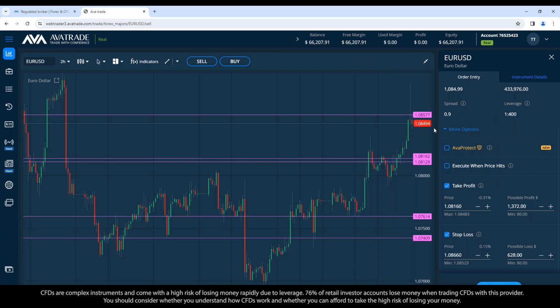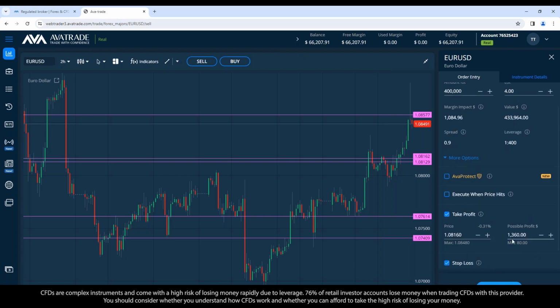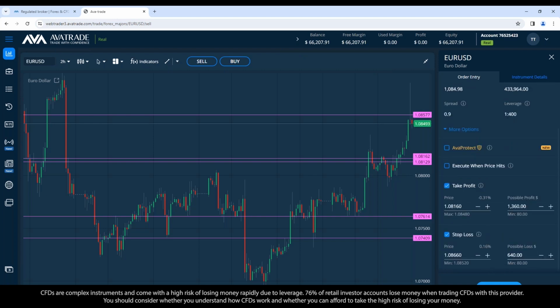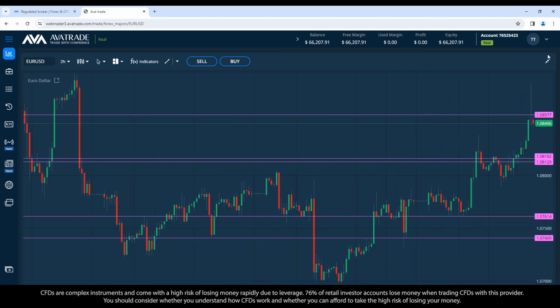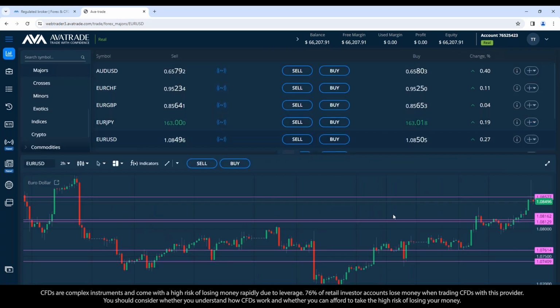So now I'm risking just under 1% of my balance and can make more than double that if I hit my take profit. If that's what I want, then I sell. And I completely risk manage the trade in terms of stop loss and take profit potentials right before I take the trade, so I don't have any surprises.